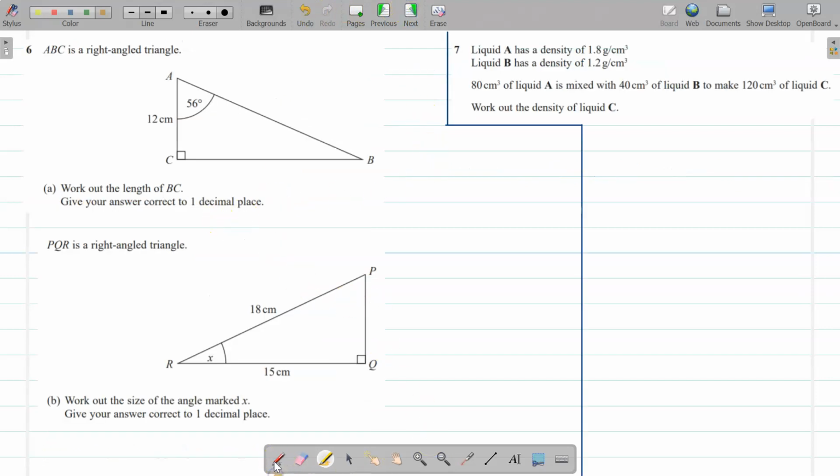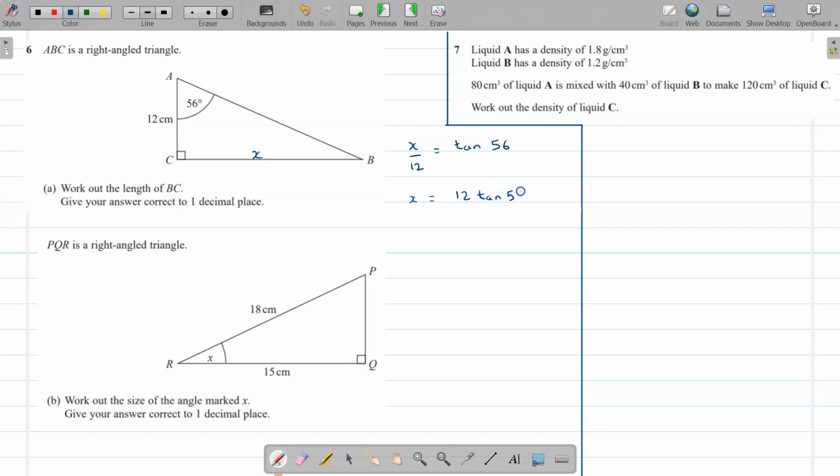Okay, this is simple trigonometry here. So all we have to do is look at this triangle. We've got to find the length of BC, which I'm just going to call x. And I can see that x is opposite the angle 56 and 12 is adjacent to it. So that means that must be the tan of 56. So therefore x is equal to 12 times the tan of 56.